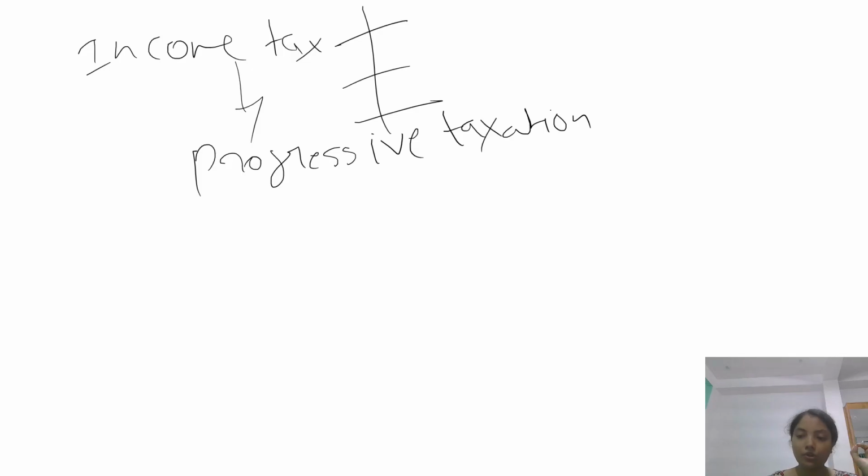The rich are paying more taxes compared to the poor, and the tax money is redistributed via welfare schemes or by giving subsidized rates of food, fertilizer, electricity, etc. to the poor or the BPL.